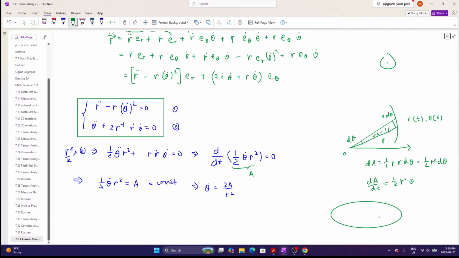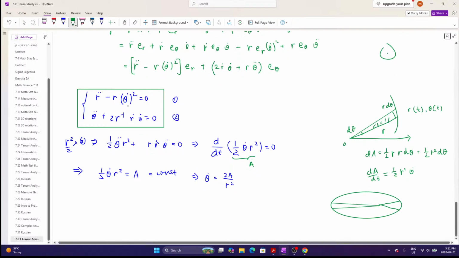Because of the conservation of angular momentum, or conservation of the area speed, when the planet is closer to the star or the sun, its angular speed is faster to keep the swept area rate constant. And when it's further away from the sun, the angular speed is smaller. Because 2a is constant, when r is bigger, theta dot decreases. This is exactly this picture.